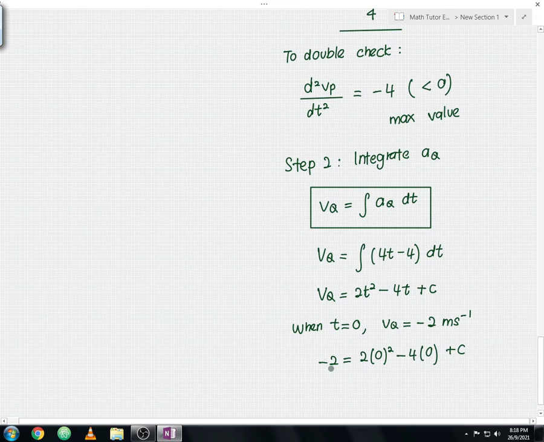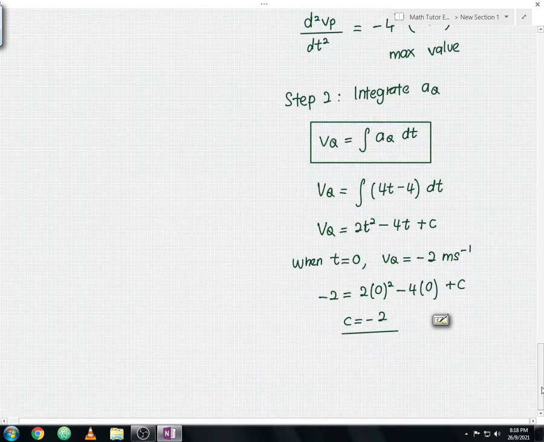You calculate this, you should get your constant c is equals to -2. Let me underline this. Once you get the value of the constant, now you can come up with the complete equation of velocity of particle Q. The velocity of particle Q is equals to 2t square minus 4t minus 2.